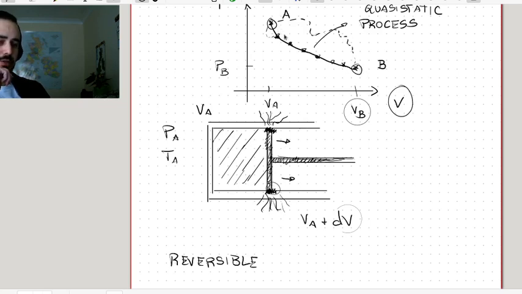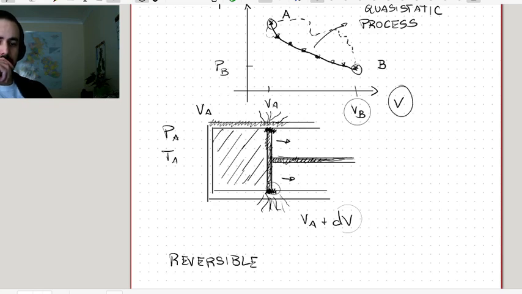I told you I want to reverse the process. I went from A to B, and now I want to see if I go back to A, whether everything remains the same as it was. In this case, I told you that these walls were thermally insulating, so forget that.